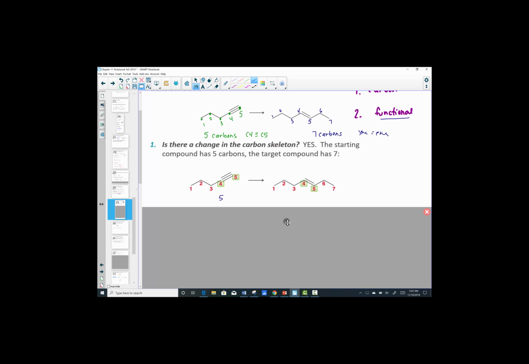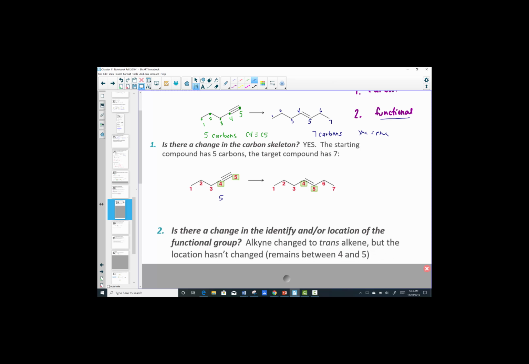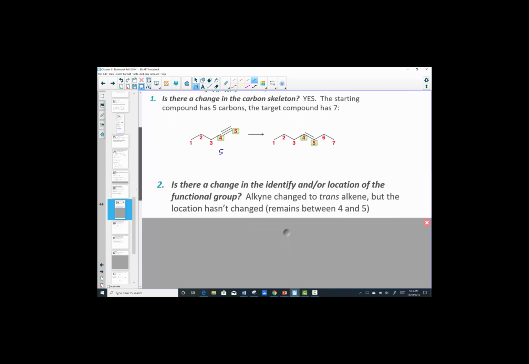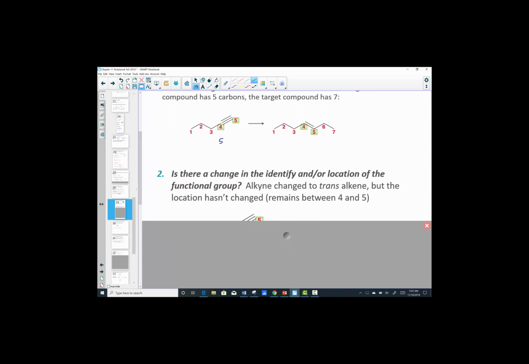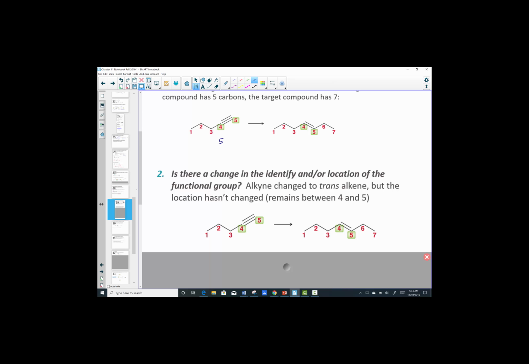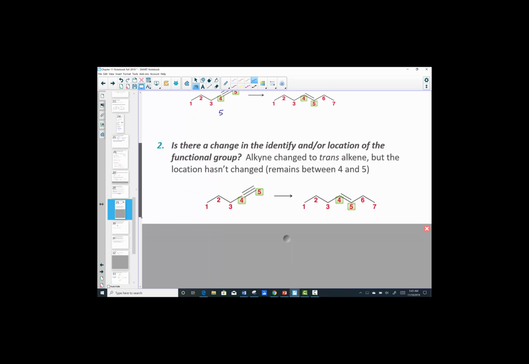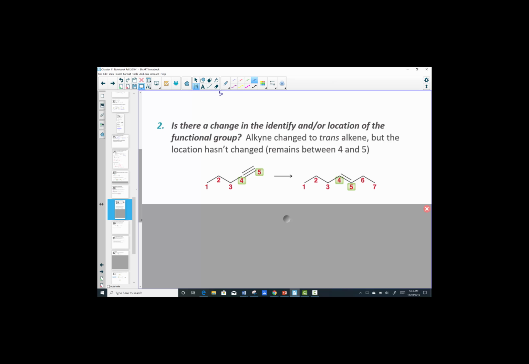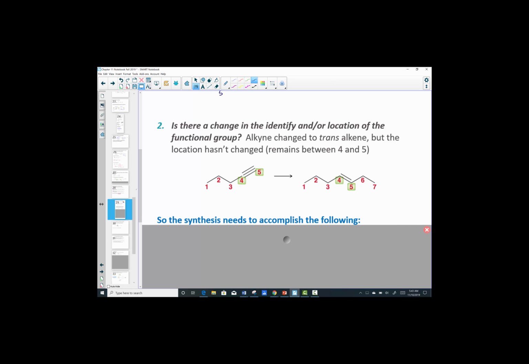And we have to change the functional group because, even though it remains in the position of 4 and 5, it's gone from triple to a double. Those are the key things you start any synthesis with: figuring out what you are starting with and where you need to end. Two key questions: what's happening to the carbon skeleton and what happens to the functional groups?